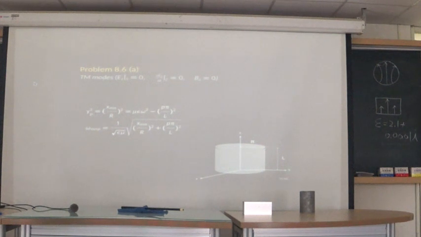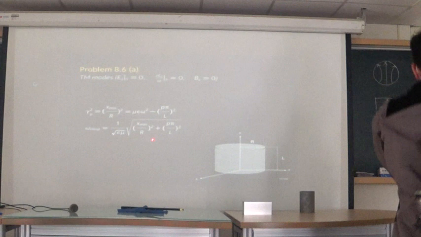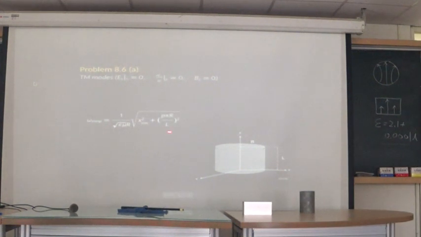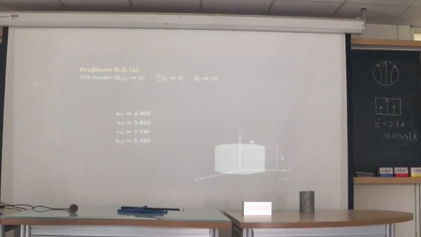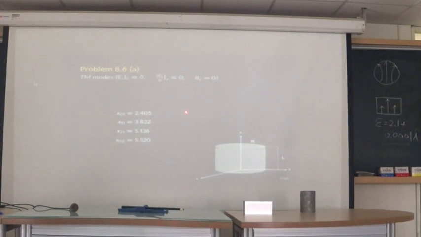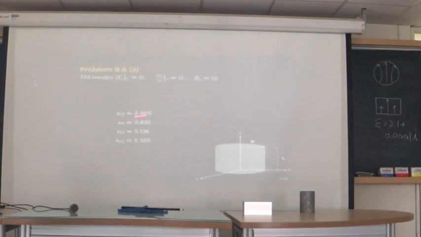After we satisfy all the boundary conditions, we can find the cutoff frequency omega m/p, which is equal to this. Because this is a cavity, we need three integers to define the modes inside the cavity. After the calculation, the lowest four cutoff frequencies are at least for the modes 01, 11, 21, and 02.